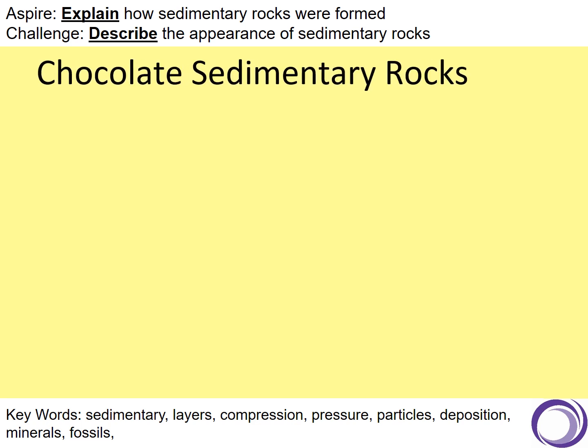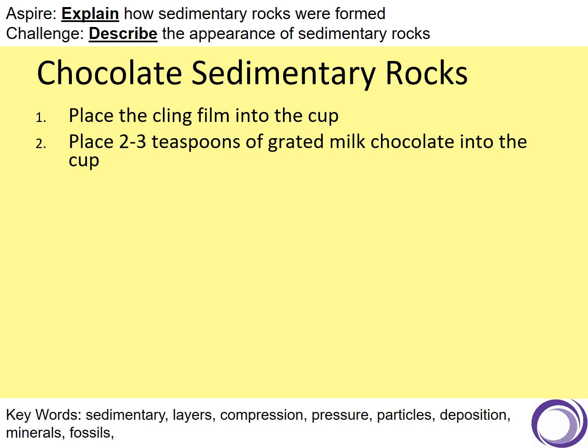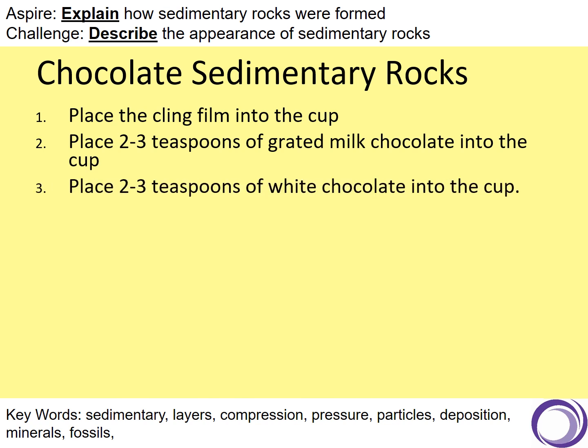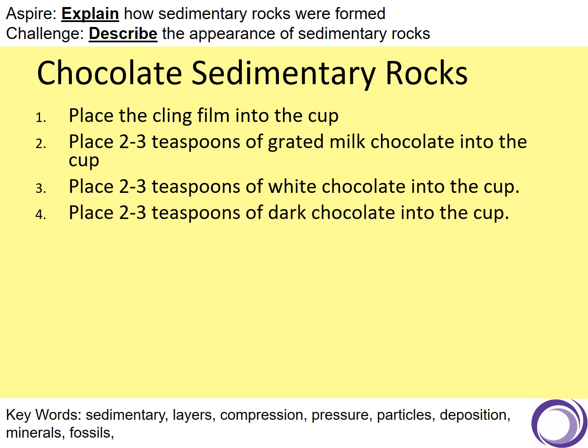So, chocolate sedimentary rocks. First of all, place the cling film into the cup or whatever other container you are making your rock in. You're then going to place 2 to 3 teaspoons of grated chocolate into the cup. I've suggested milk chocolate to start off with. You then need to place 2 to 3 teaspoons of a different type of grated chocolate into the cup. In this case, I've suggested white.